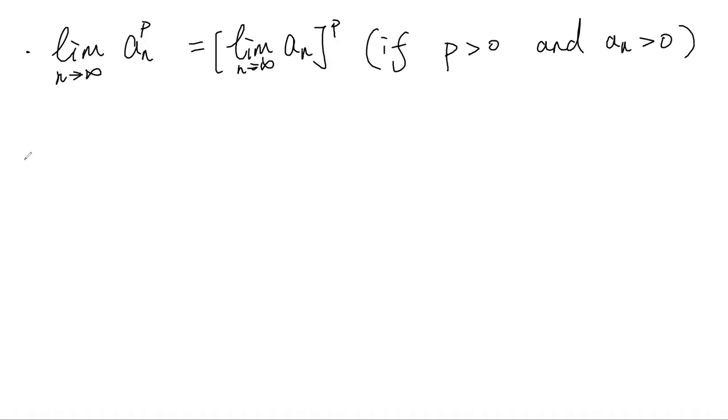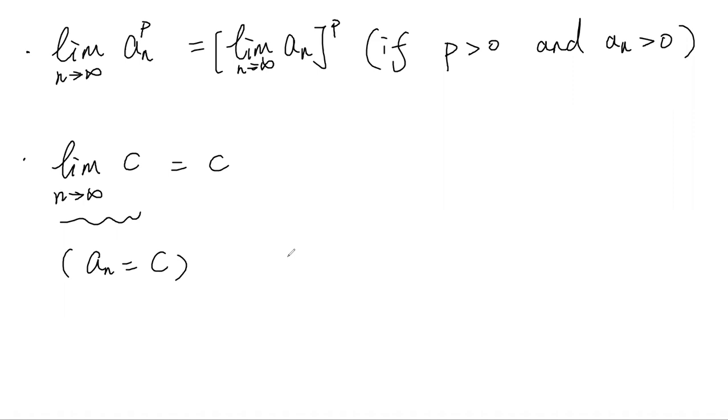Then there's one more. So this is a special case. The limit as n goes to infinity of c is equal to c. And this expression here just means we are taking the limit of some sequence, but all the terms in the sequence are given by the same number c.